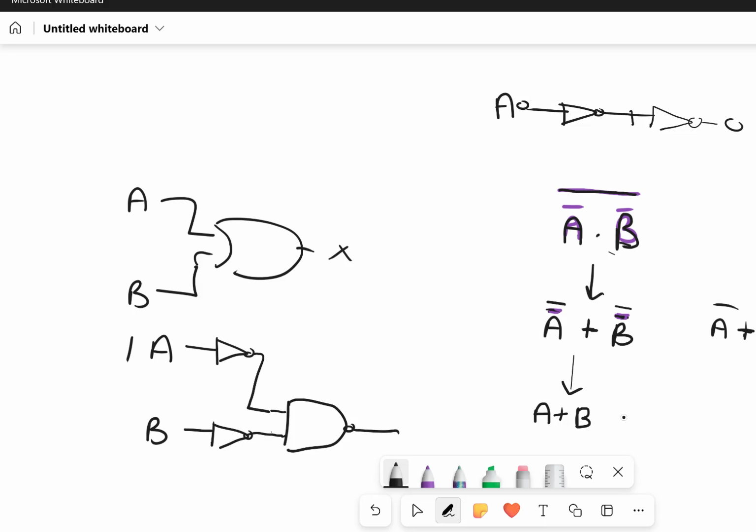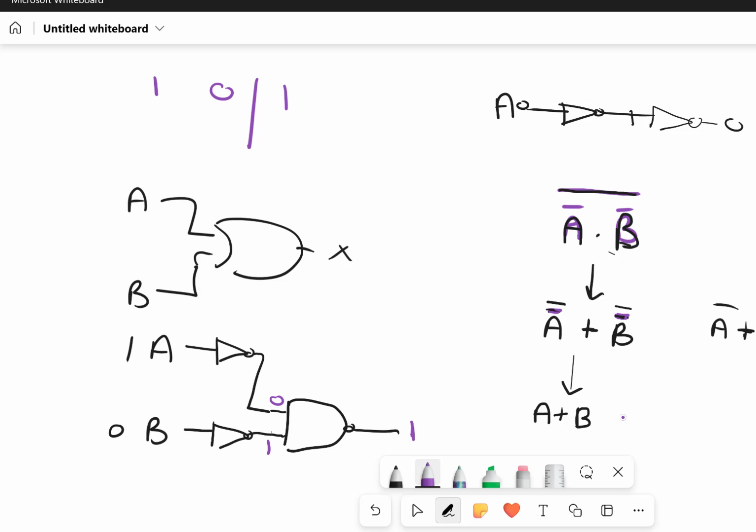So if we were to do 1, 0, and it was to go through here, we know that this is going to be a 0, we know that's going to be a 1, 1 NAND 0 gives us 1. So in our truth table, we would have, for the bottom gate, 1, 0, 1 for the bottom gate.